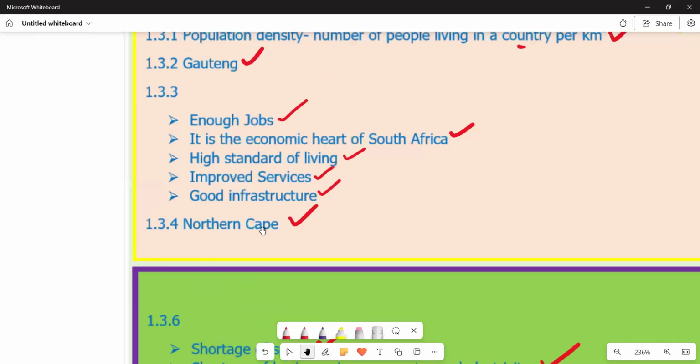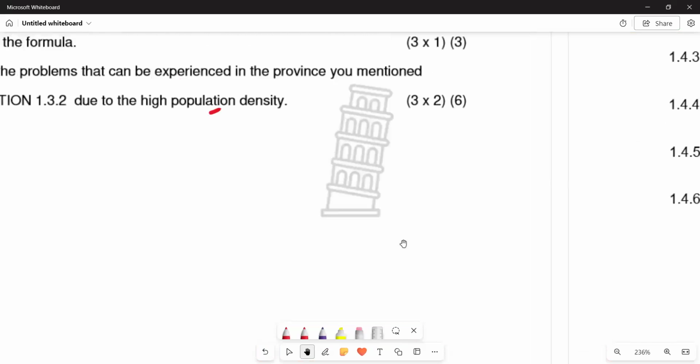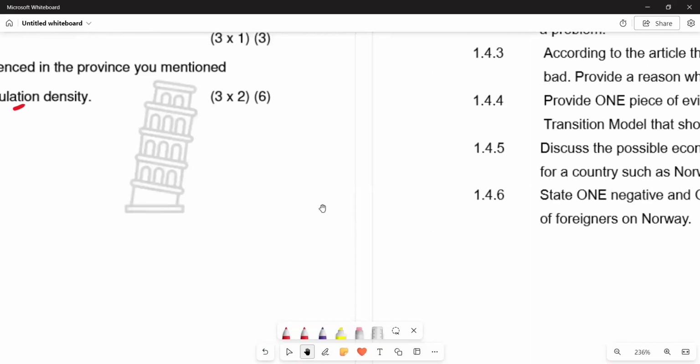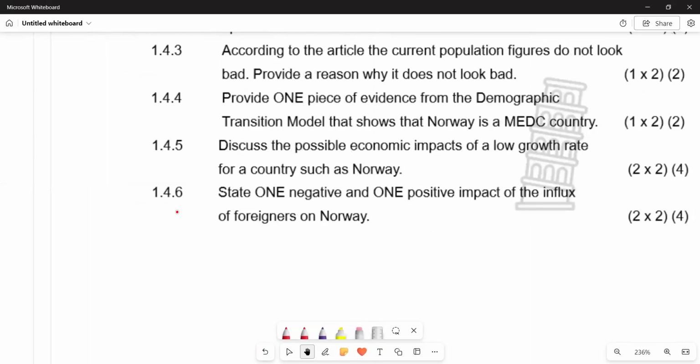Then we go to the next one, which is 1.4.5. It says, discuss the possible economic impacts of a low growth rate for a country such as Norway. So our question has a format, and it requires us to raise 2 points.